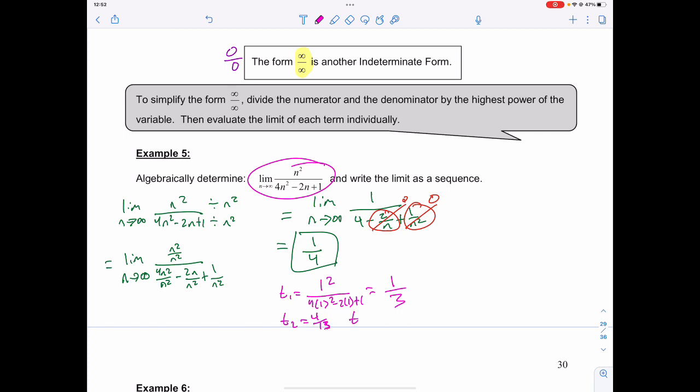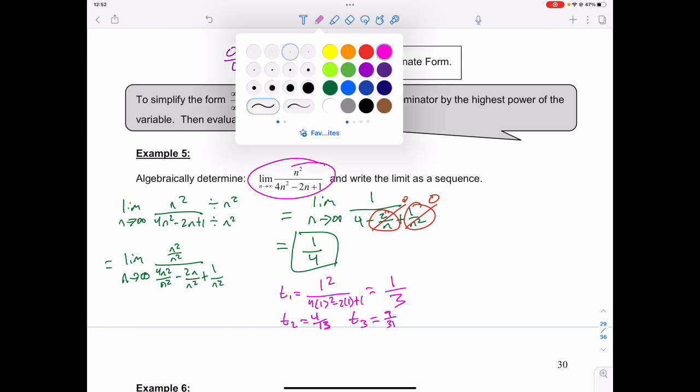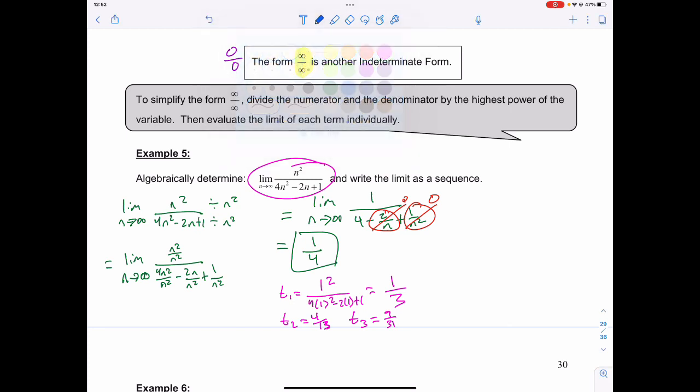I could sub in 3 for n to get term 3, and that's going to give me 9 over 31. And the sequence for this is just going to be 1 over 3, 4 over 13, 9 over 31, and it's an infinite sequence, so it's going to go on forever.